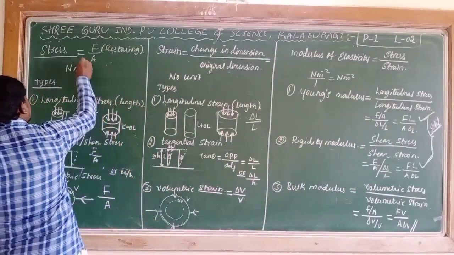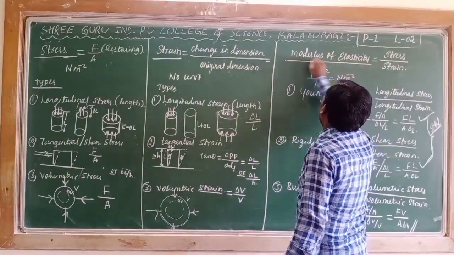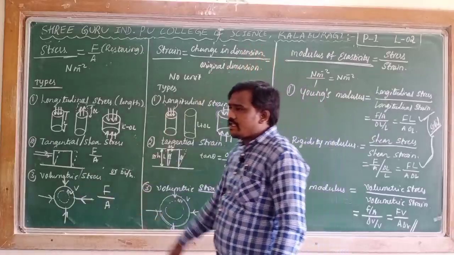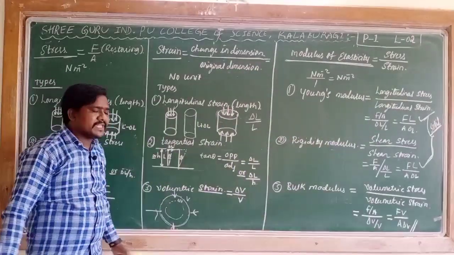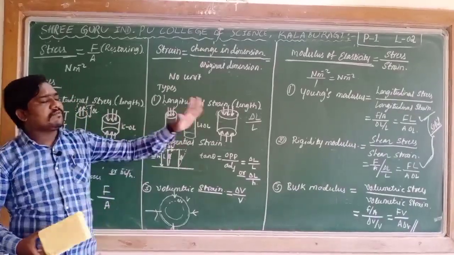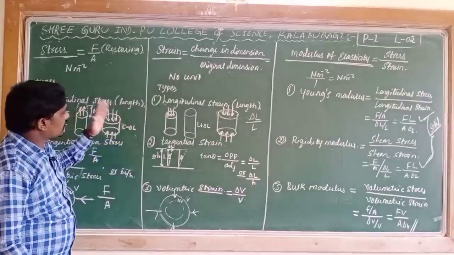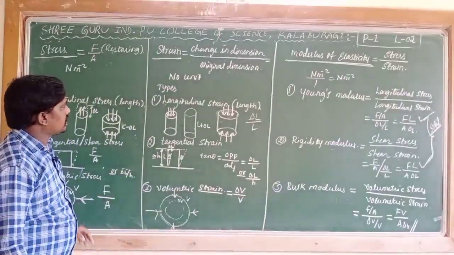And these are very important, compulsory one question in CET, compulsory one question in JEE as well as NEET. In theory also, these three are very important. Always keep in your mind stress, strain and modulus of elasticity.